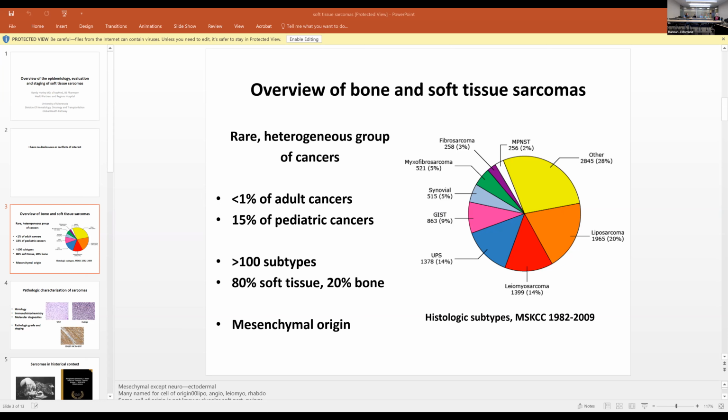You can look up just about any type of cancer, including all sorts of different types of sarcomas, and understand what the algorithms should be for evaluating that. I think the most useful thing here is adequate imaging, careful planning, and use of multidisciplinary treatment planning for the diagnosis and evaluation of sarcomas.